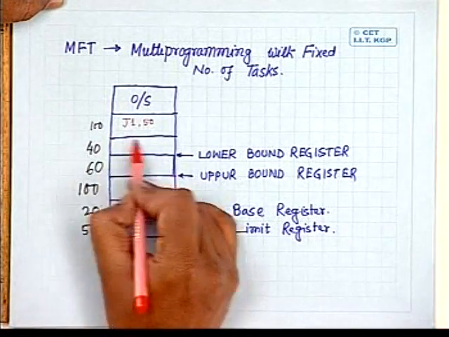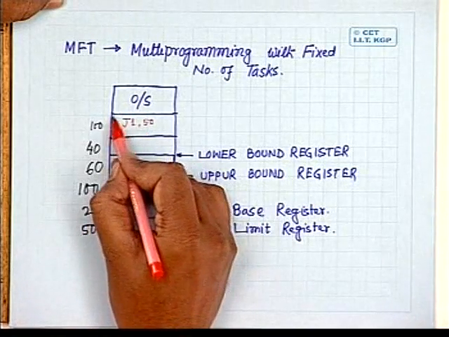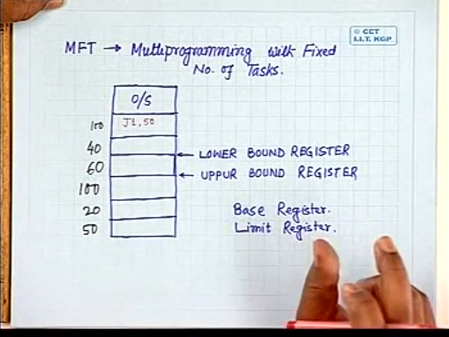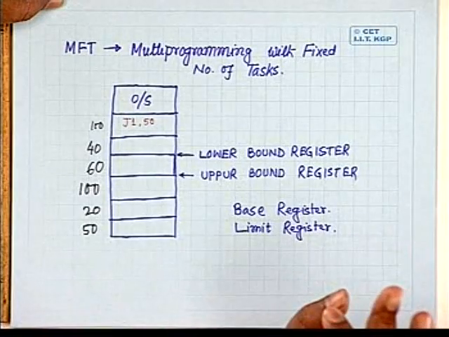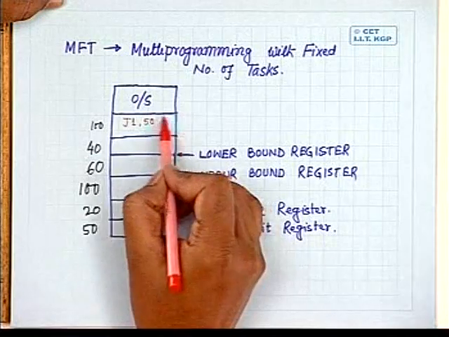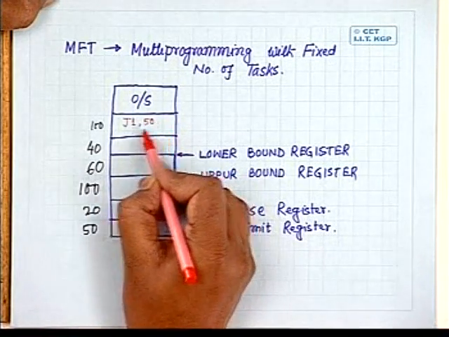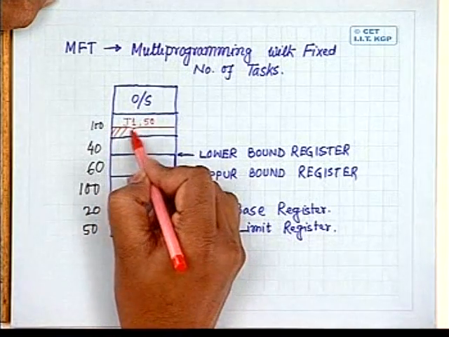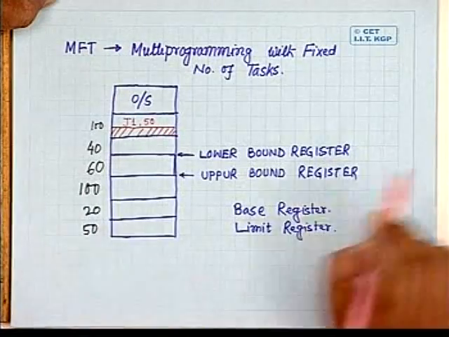So you find that out of this 100 kilobytes, because this is a fixed partition, part of this partition cannot be allocated to any other job. Either a partition has to be allocated in full to a job or not allocated at all. So the remaining 50 kilobytes is wastage. This cannot be used by any other process.